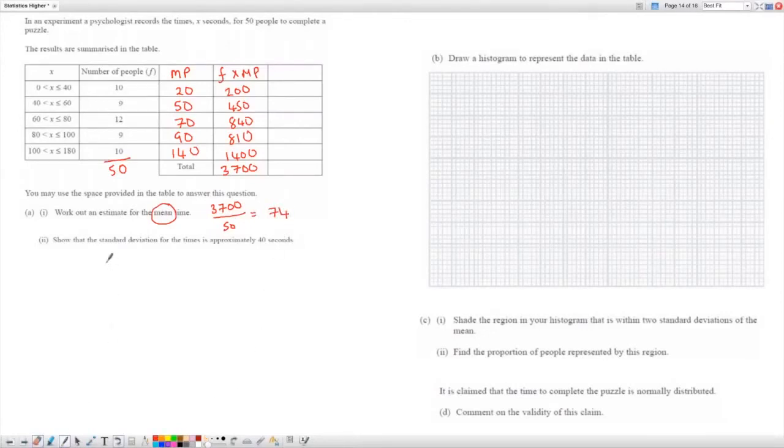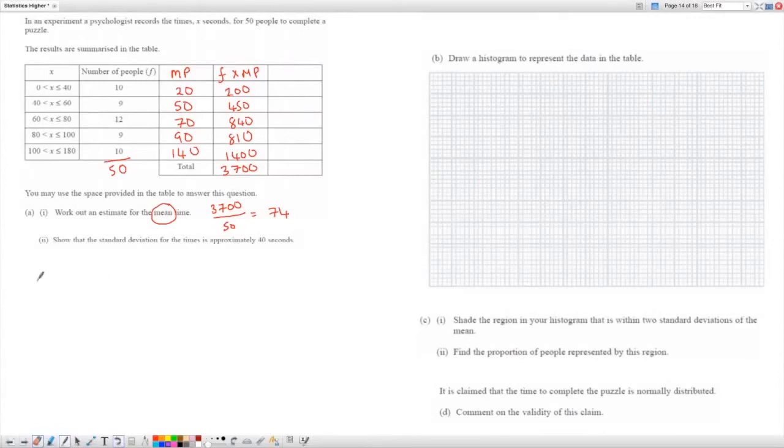We're now asked to calculate the standard deviation. We're told we need to show that the standard deviation for the time is approximately 40 seconds. So we must calculate, and the answer we're expecting is approximately 40 seconds.